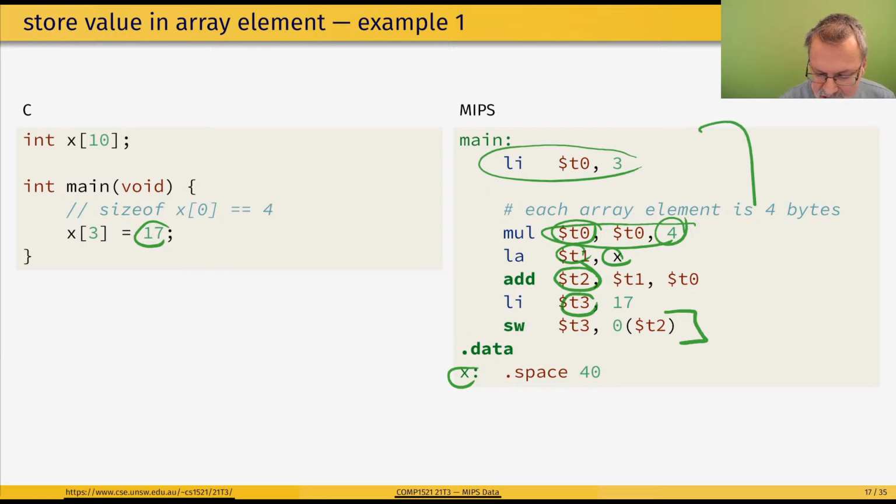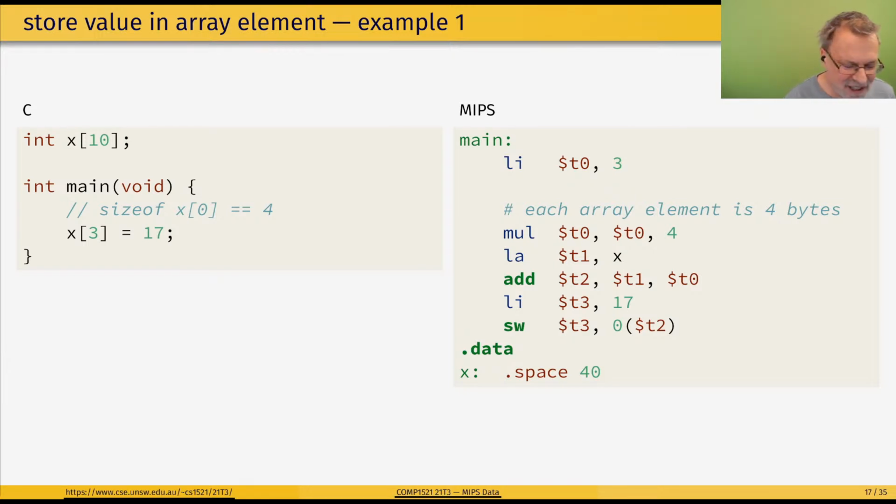And here's where we actually access memory. These instructions are all just instructions; they don't access memory. Here's the store word instruction that actually changes memory, and it says store what's in register T3 to the address in T2. Notice the constant offset there. It's useless to us here.